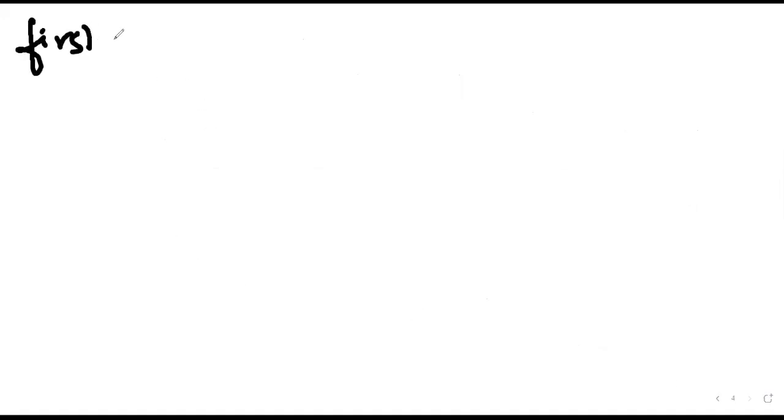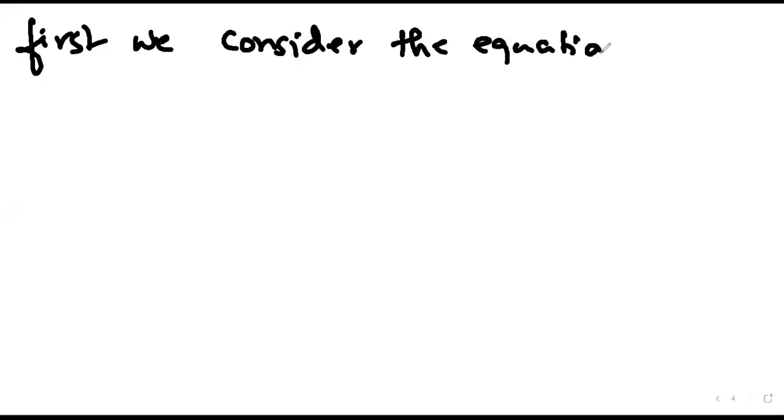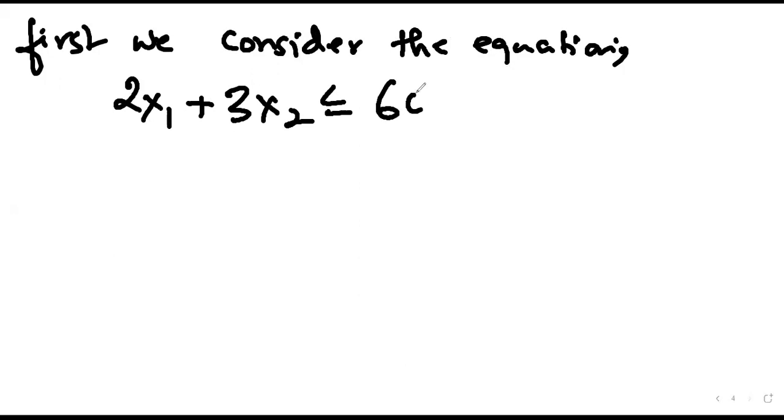First we come to the equation. What was the first equation we said? 2x1 plus 3x2 less than or equal to 60.